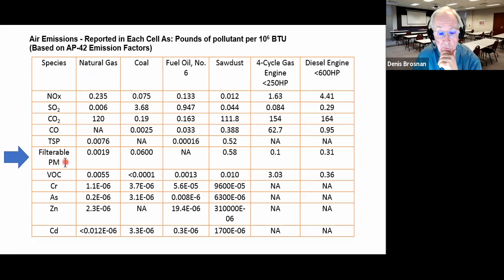Filterable particulate is a fraction of that total suspended particulate matter, and you can see that natural gas has 0.0019 pounds per million BTUs, but coal is much larger in filterable particulate matter, and sawdust is much larger than that of natural gas. So in general, particulate matter release during firing of solid fuels, forming ashes, is very important, not only from an environmental standpoint, but also from a worker safety standpoint.